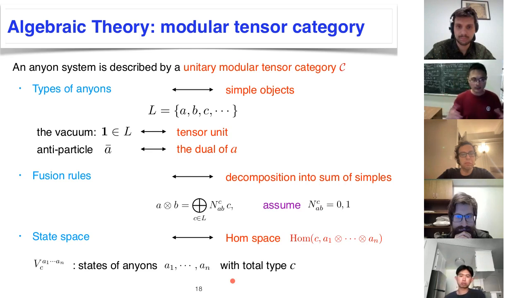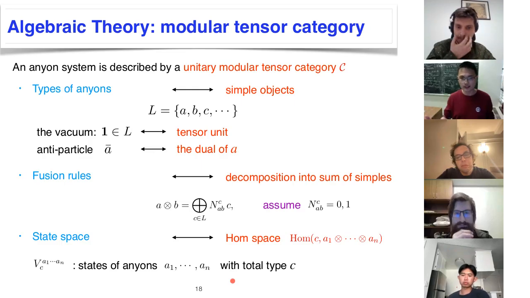The state space encoding multiple anyons, let's say A1, A2, up to AN, with a total type C, corresponds to the hom space in the category from the object C to the tensor product of these anyons, A1, A2, up to AN.